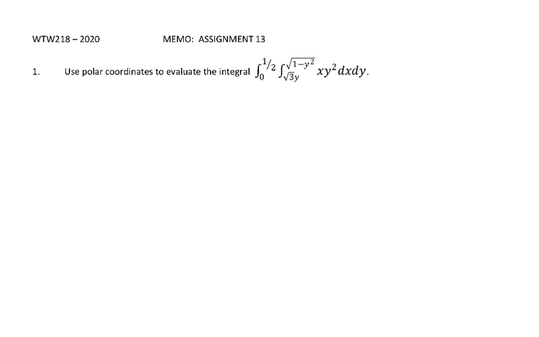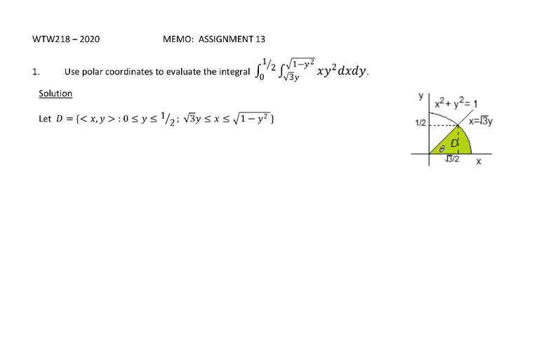We have to use polar coordinates to evaluate the given integral. To do this, we have to find out exactly what the region D looks like so that we can describe it in terms of polar coordinates. As you can see, D is a slice of a circle between the positive x-axis and the line x equals root of 3 times y, and the circle we have is x squared plus y squared equals 1.